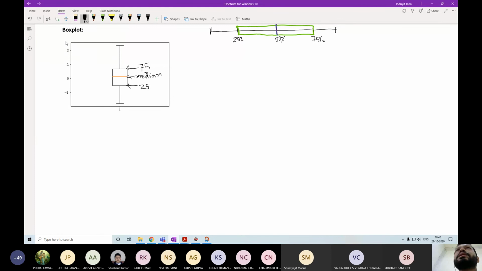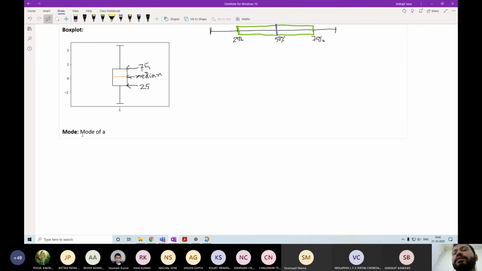And now the last thing that I'd like to do is mode, which is also a very simple concept. Okay.